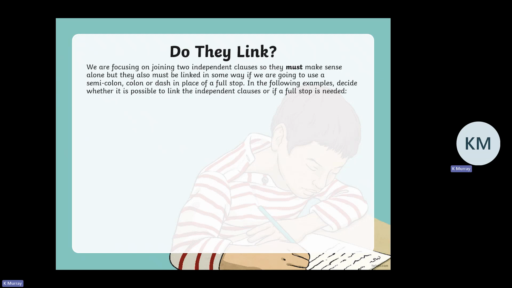Okay, so do they link? What we're focusing on is joining 2 independent clauses. They must make sense on their own, but they also must be linked in some way if we're going to use a semicolon or a colon or a dash. Right, let's have a look. James enjoys playing tennis. He doesn't like football.